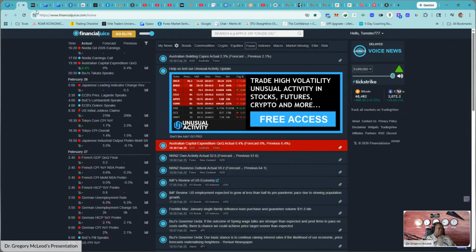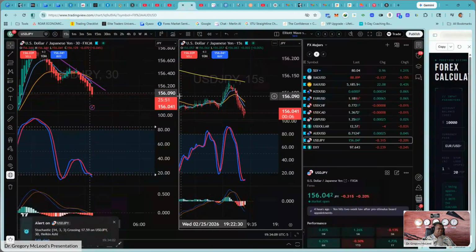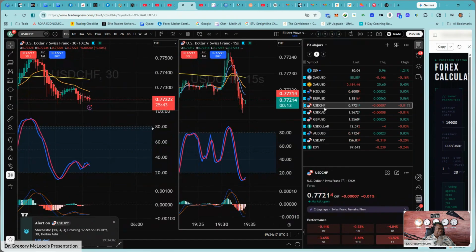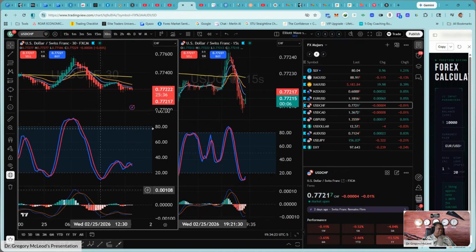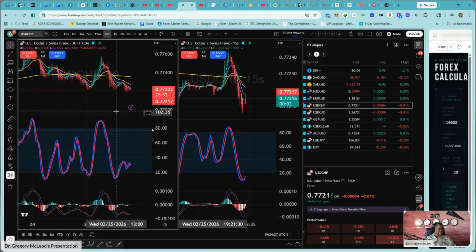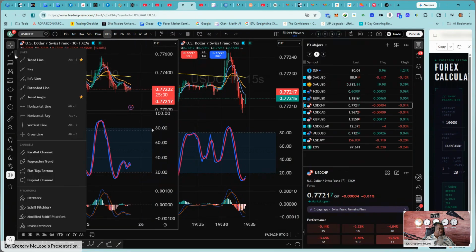Okay. Meanwhile, go back here. Okay, oh, there it is. Yep. Oh no, that's dollar yen. No, dollar Swiss is already diving. Well, this looks shortable, but we've got all this support right here.